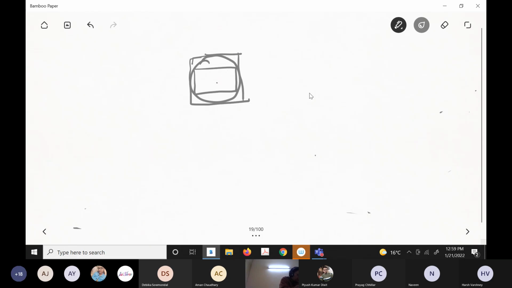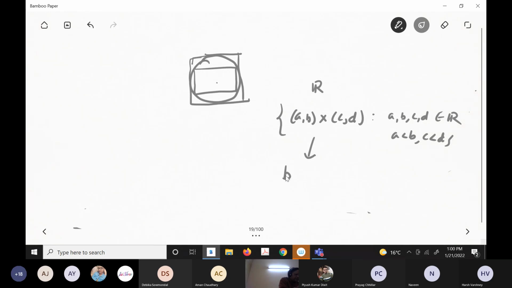What I'm saying now, look, if you have this in R, A, B, if I take the rectangles, you can check, this will be a base.